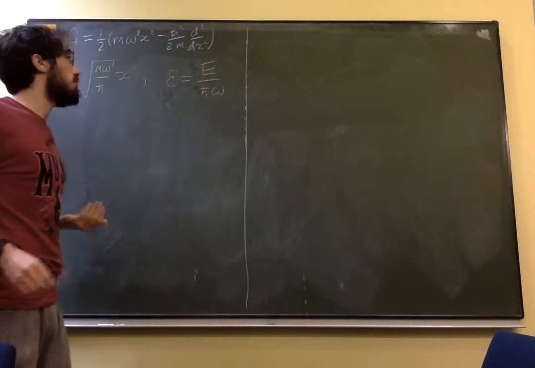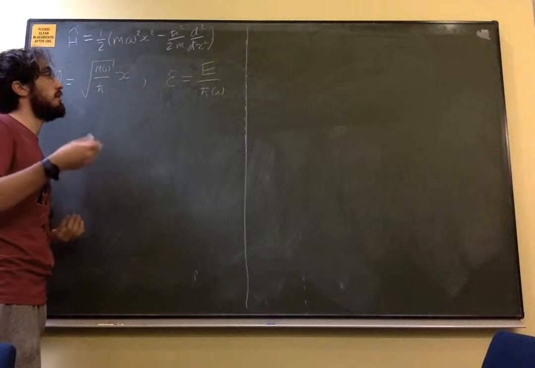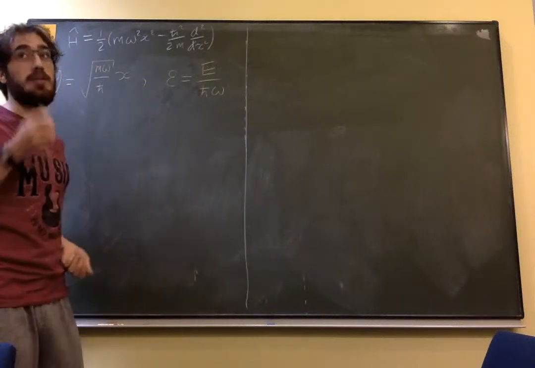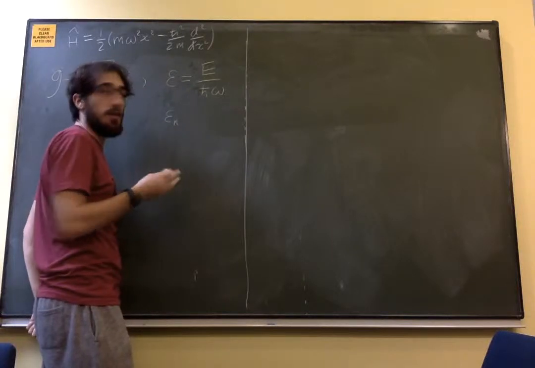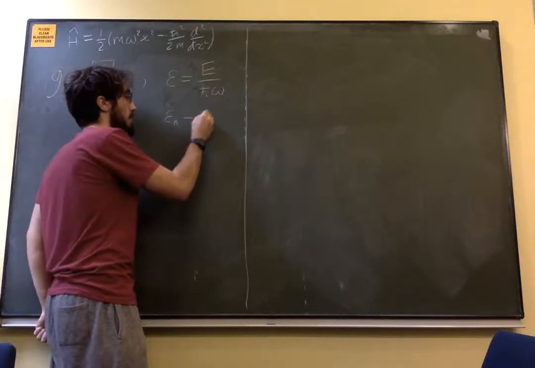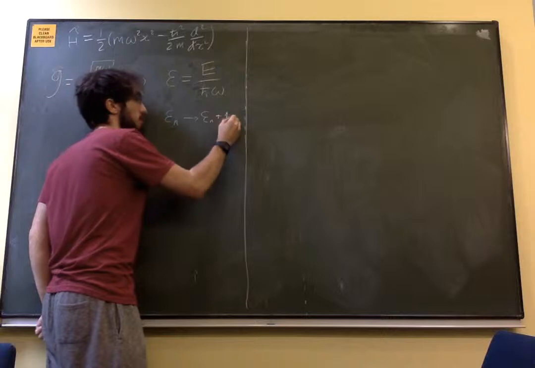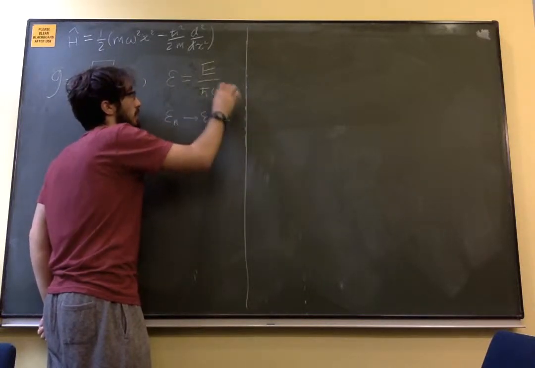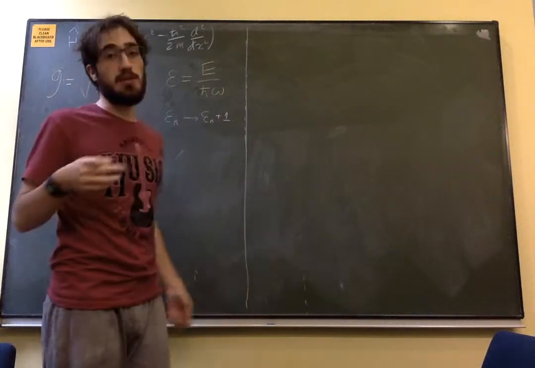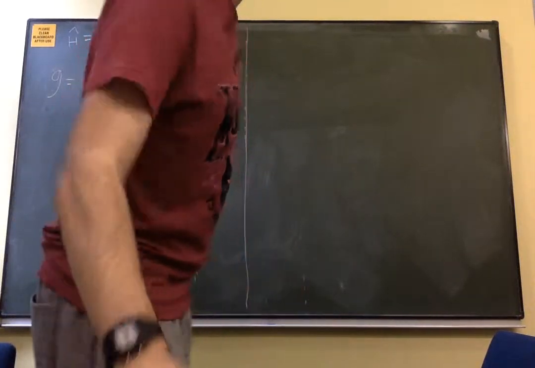Okay, and then later on we're going to find that the raising operator takes epsilon of n, right? This is indexed by some n, takes it from that to epsilon plus 1, okay? And this makes sense because the energy is quantized in units of h bar omega. We'll find all of that.